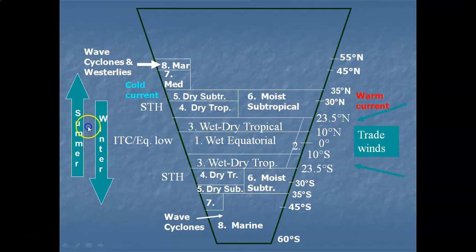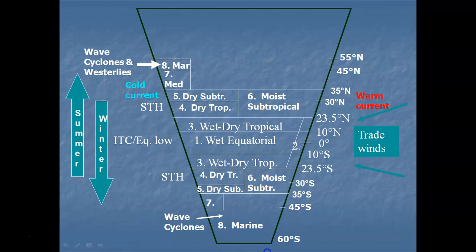All right, so let's put on our hypothetical continent, climate number 8, marine west coast. Here I put in our westerly winds, bringing in abundant wave cyclones and all that marine effect. We're going up to about 55 degrees north latitude, so really quite mild. Winters are really not too bad considering such a high latitude location.